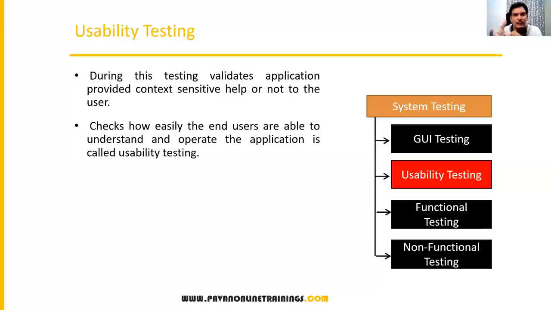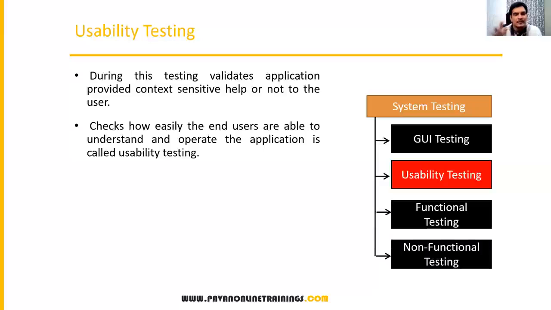That is a kind of help we provide in the application, and we have to verify whether our product is providing help to the user or not, as part of usability testing, which is also called context sensitive help.